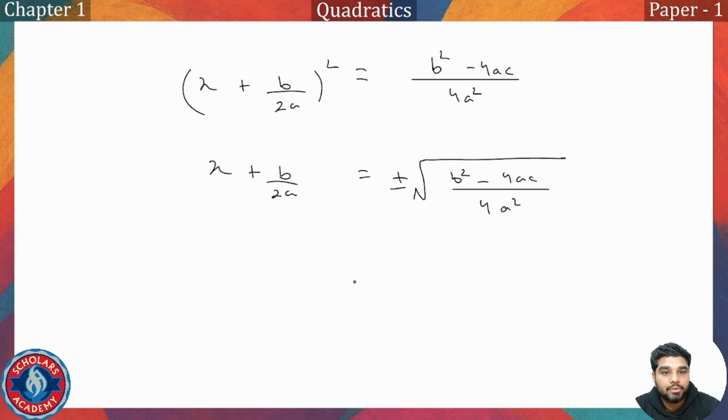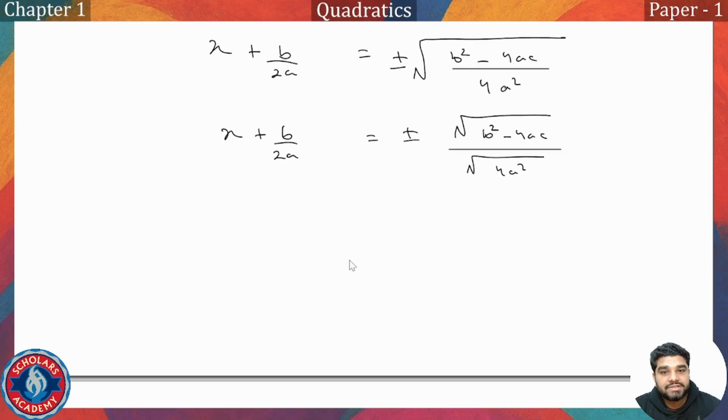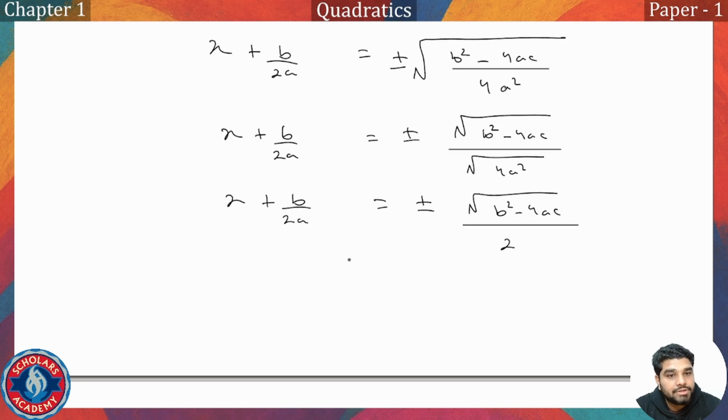This is a whole square root, so if I take individual square roots, I will get ±√(b² − 4ac) and √(4a²). This gives x + b/2a = ±√(b² − 4ac)/2a.